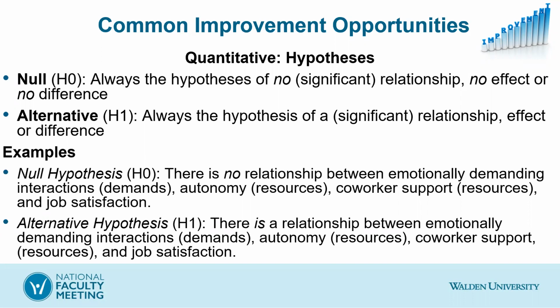As you can see in the example, the null: there is no relationship between, then you name your independent variables. As you can see in the parentheses there, that shows the theory that it aligns with, which is the job demand model, and the comma separates each independent variable, and the "and" will lead you to the dependent variable. The "no" is in null, and the alternate: there is a relationship between emotional demand, interaction, and the other independent variables and job satisfaction, which is your dependent variable. Next slide.